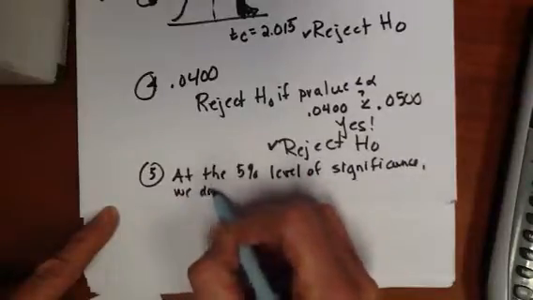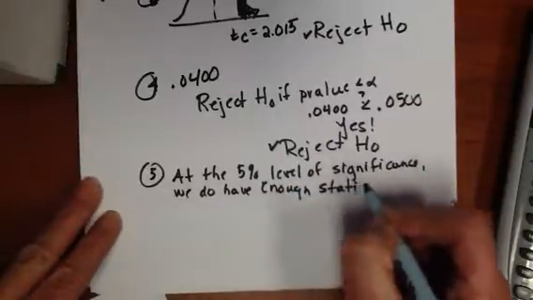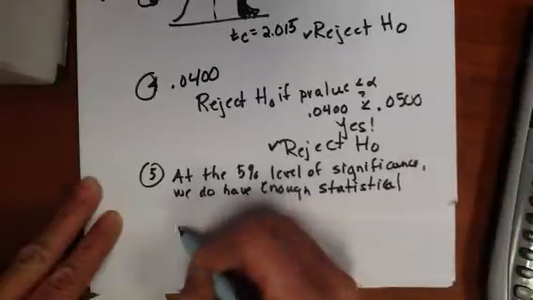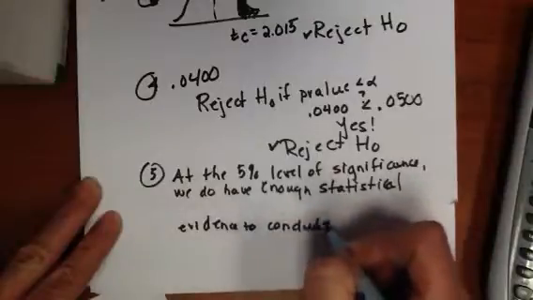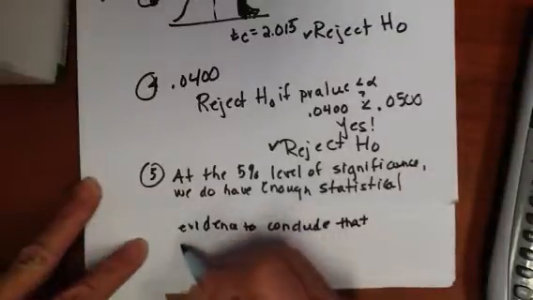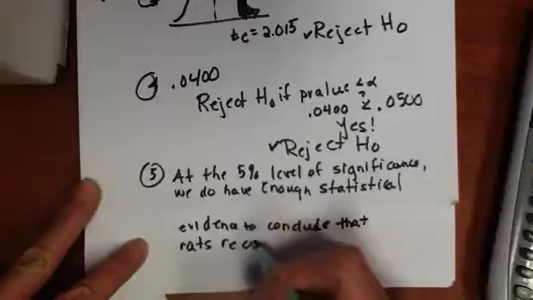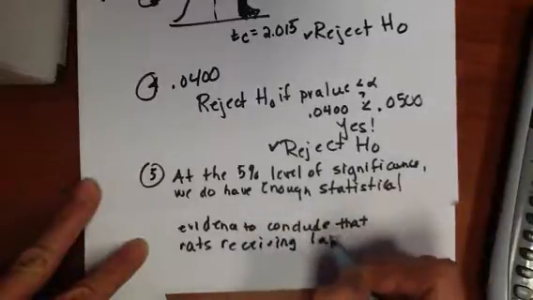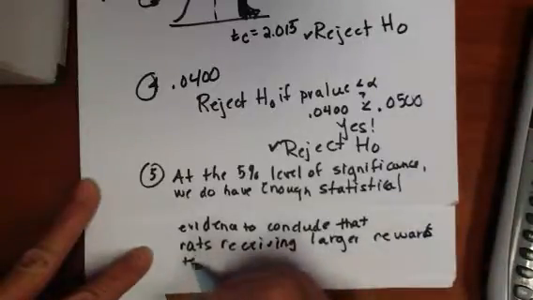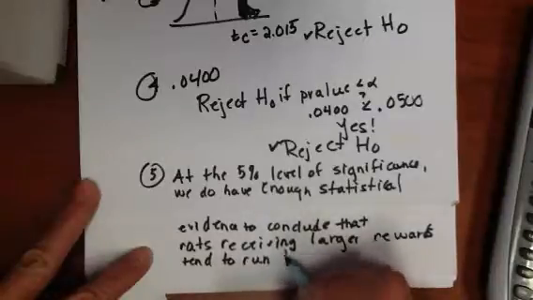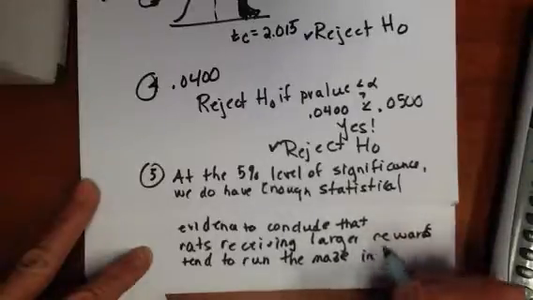So this time we do have enough statistical evidence to conclude that rats receiving, I look for that in my problem, do these data indicate that rats receiving larger rewards tend to run the maze in less time.